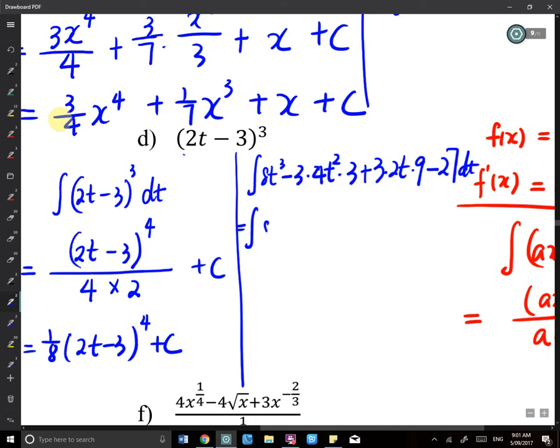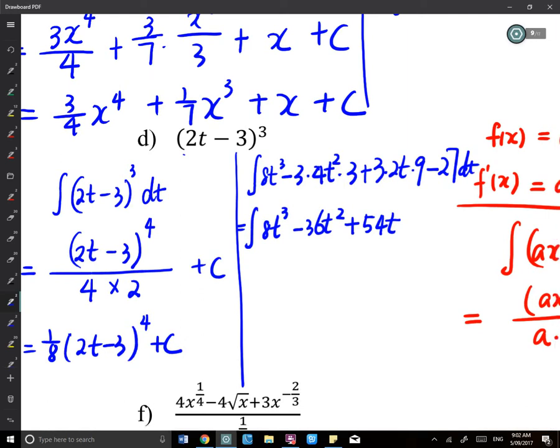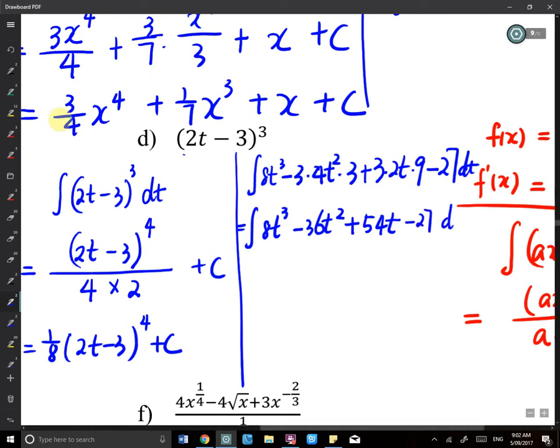So same as I want to integrate 8t cubed minus 36t squared plus 54t minus 27 dt.